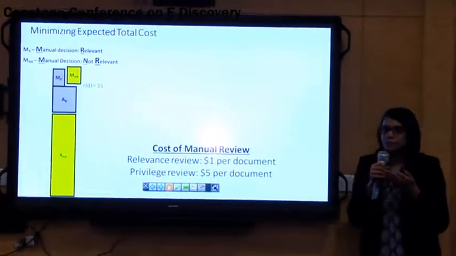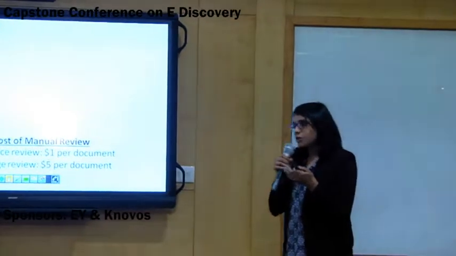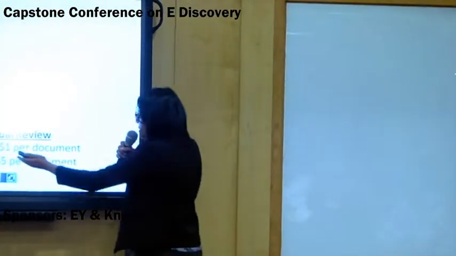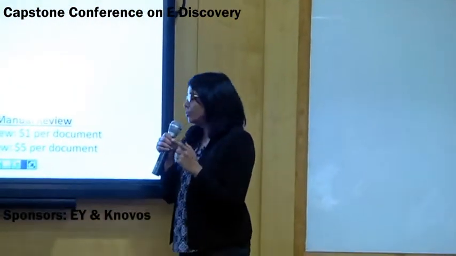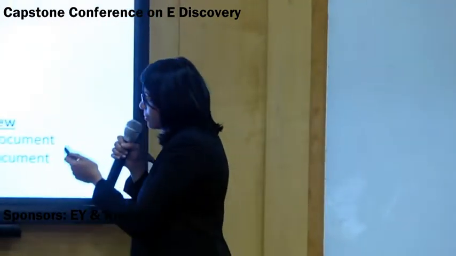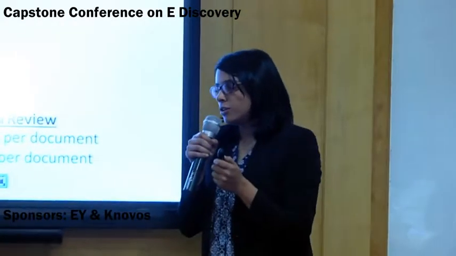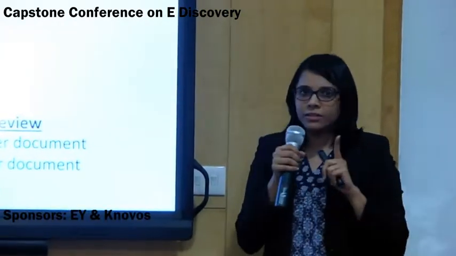And mostly relevance review is done by what you call junior attorneys, paralegals, usually. And that's why we get the number that it takes $1 to review one document for relevance. And similarly, we've seen that it takes $5 to review one document for privilege.